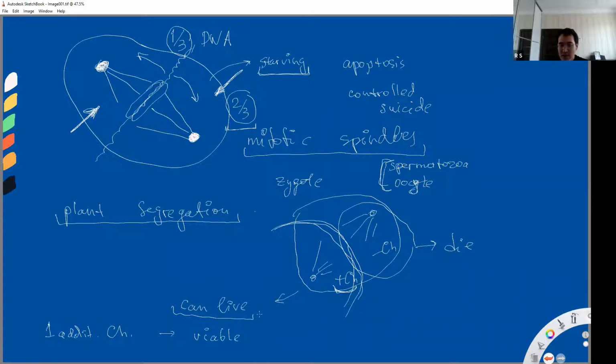Okay. And since it is viable, we keep this mutation, and the development just continues.